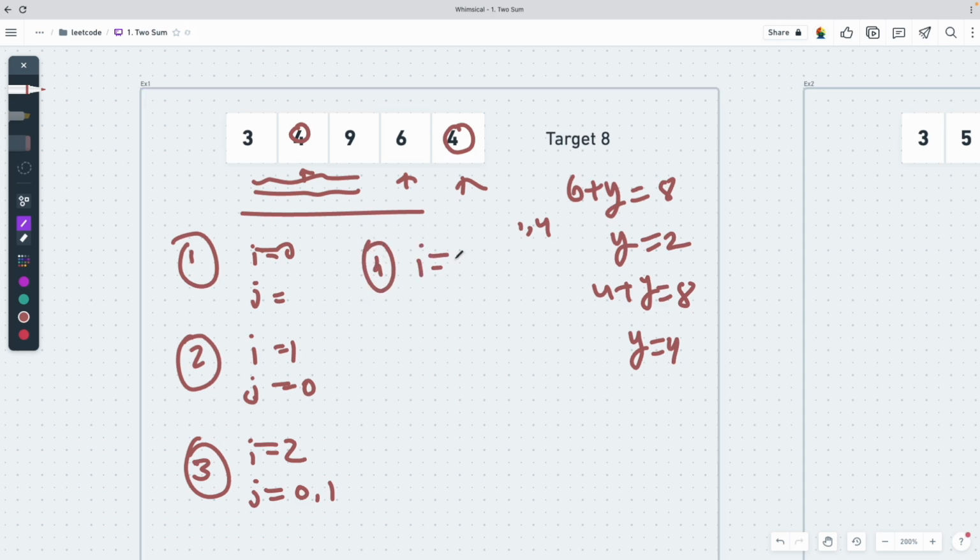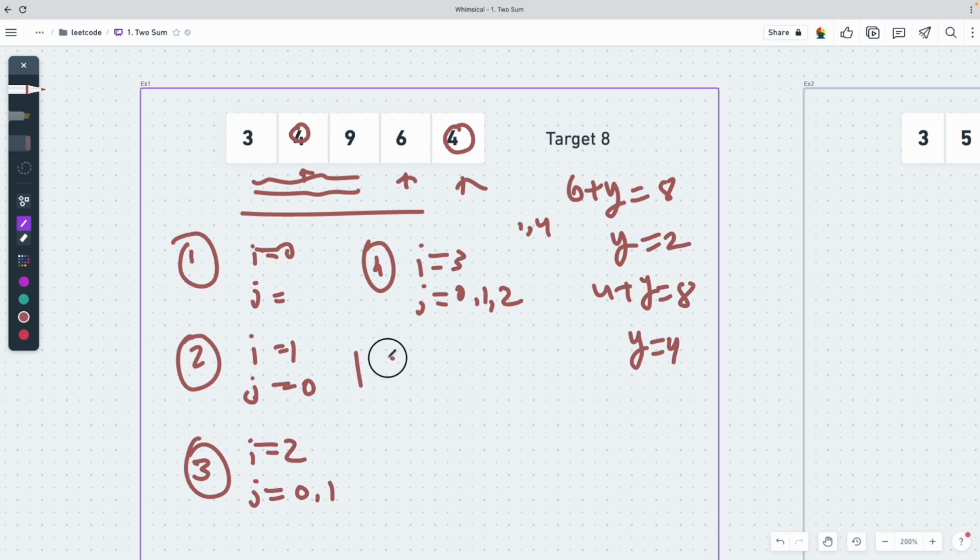In this iteration, i is 3 and j is 0, 1 and 2. When i is 3 and j is 0, 6 plus 3, 9. That solution is not possible. When i is 3 and j is 1, 6 plus 4, 10. When i is 3 and j is 2, 9 plus 6, 15. None of them are solutions.